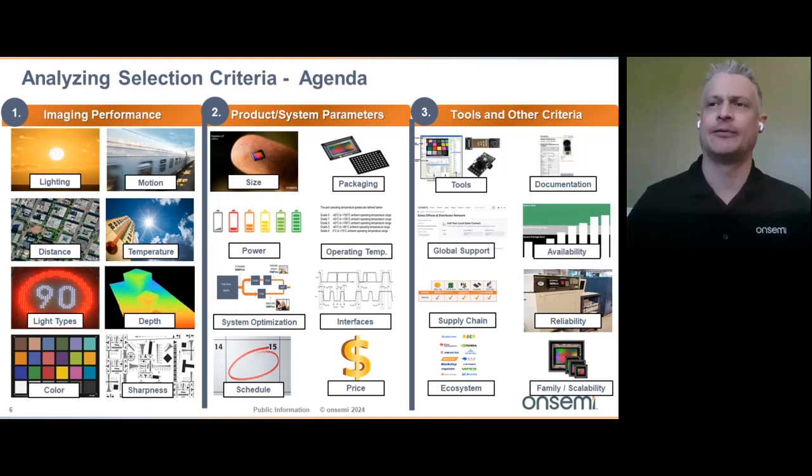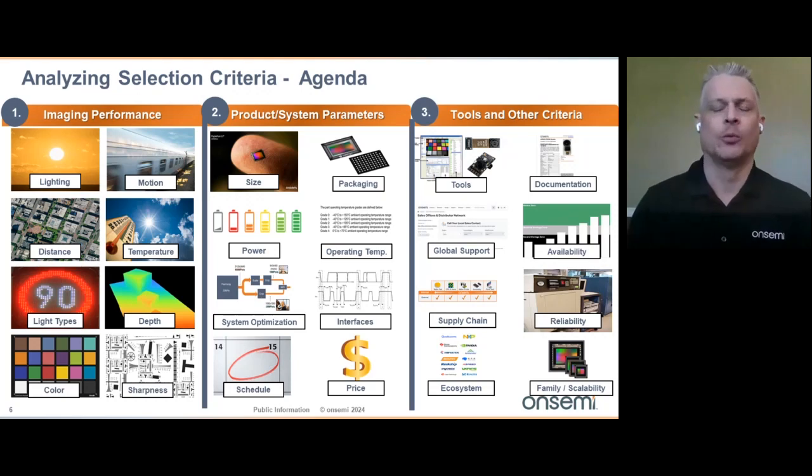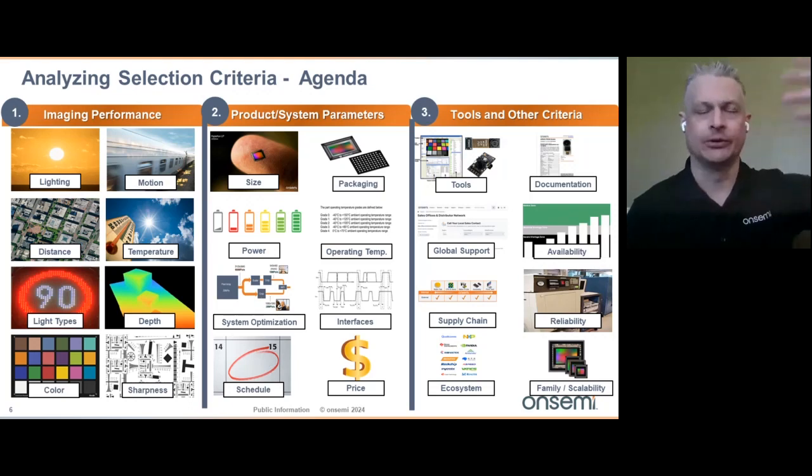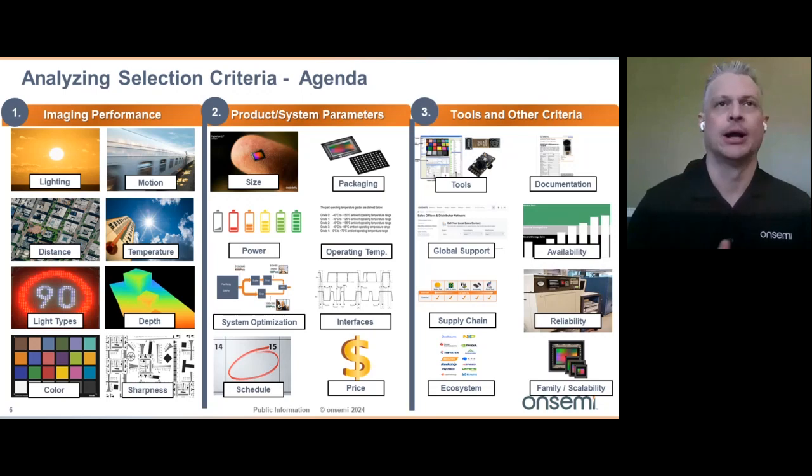Is it going to last over the life of the product? Are they working with ecosystem vendors? And the family scalability, what I mean by that is that a lot of sensors are based off of different architectures, and therefore you have to relearn every single time you go through a new sensor with a different architecture. Hopefully you can get some scalability there, because that way you're able to apply your resources more efficiently and not have to relearn a product every single time.